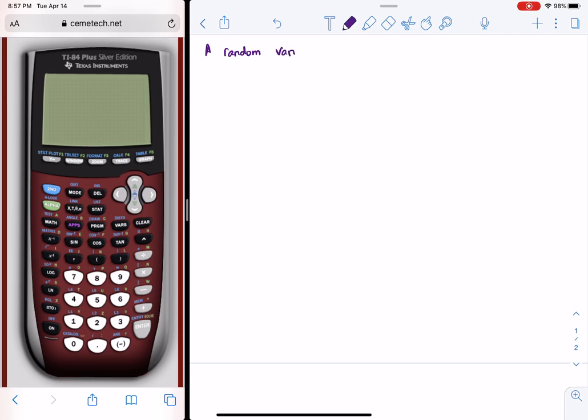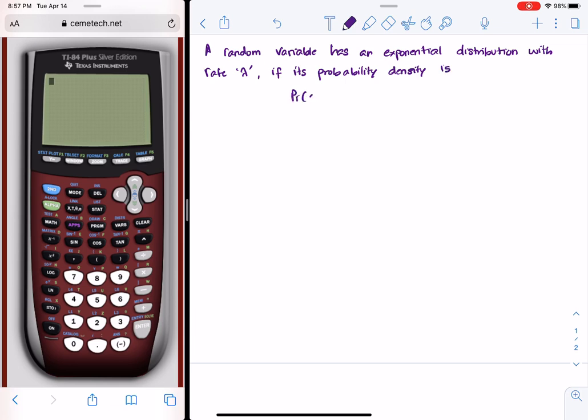A random variable has an exponential distribution with rate lambda if its probability density is f(x) = lambda e raised to negative lambda x.